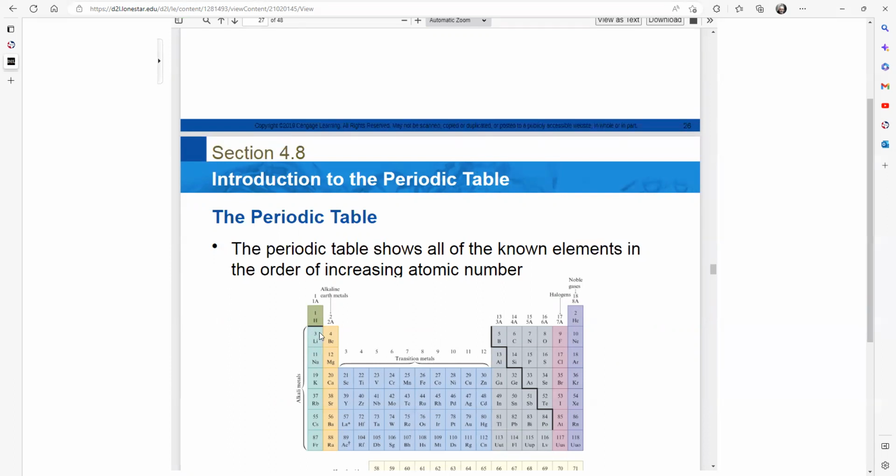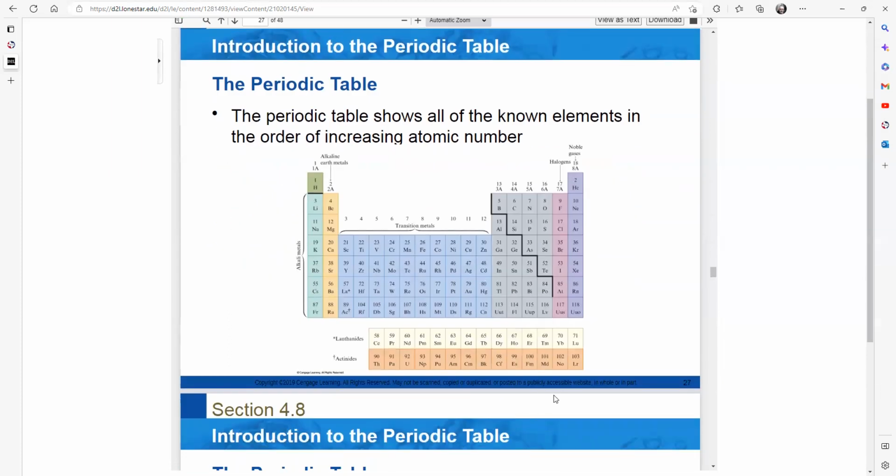Lithium, atomic number 3. Beryllium, atomic number 4, and so on until you get to the last one, whose atomic number is 103.